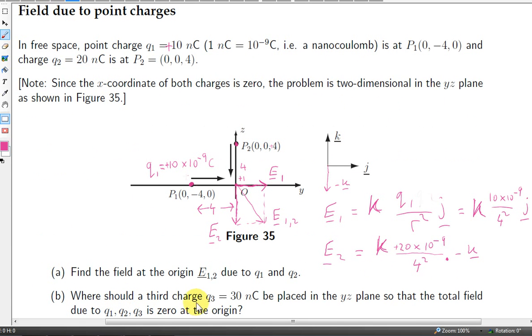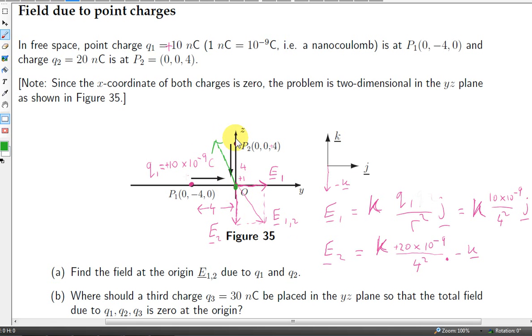Next, we want to place a third charge Q3 of plus 30 nanocoulombs in the YZ plane so that the electric field at 0 is 0. So we want to place a third charge Q3 somewhere that has an electric field of the same magnitude as vector E12, but in the opposite direction, so that when we add these two vectors together we get 0.